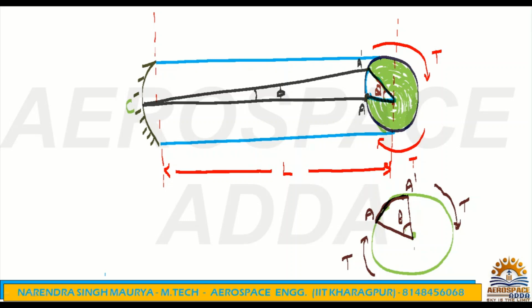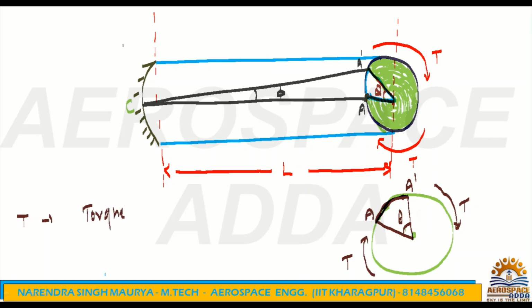Anyway, now coming to the derivation, we can consider this circular shaft, fixed at one end, which is C, and now we are applying torque at the other end, just like this figure. So T is nothing but torque.